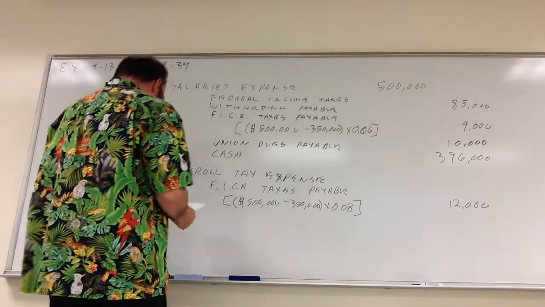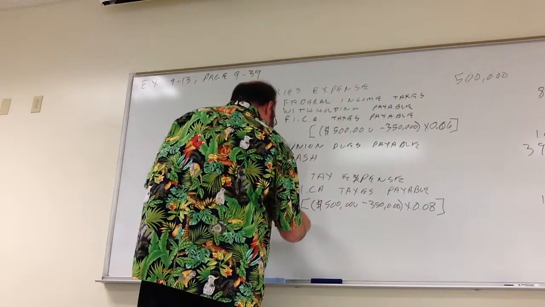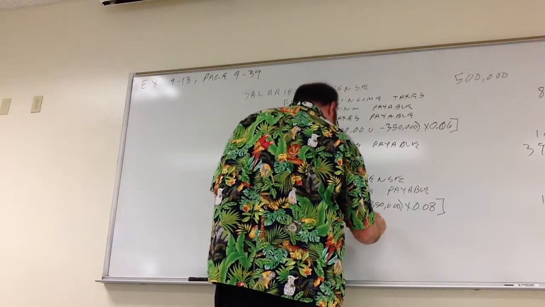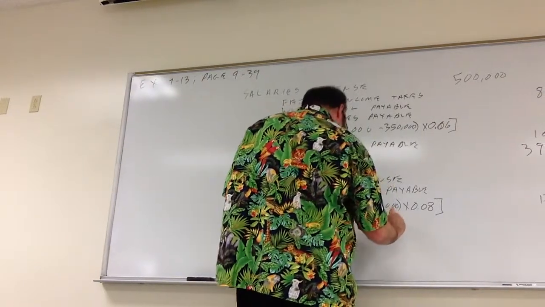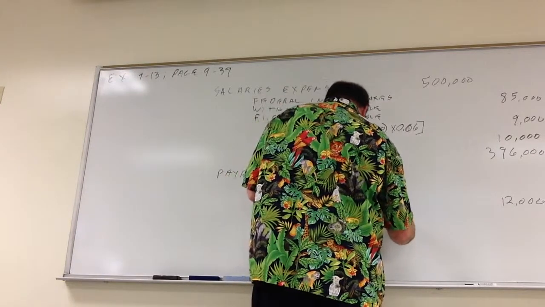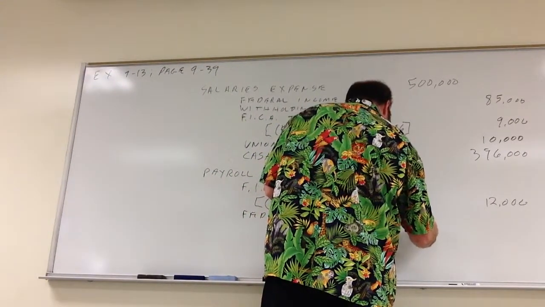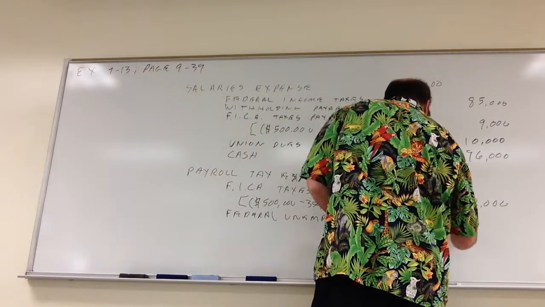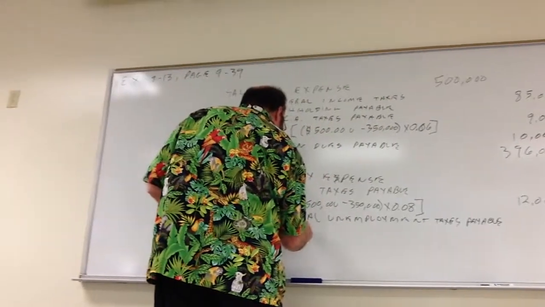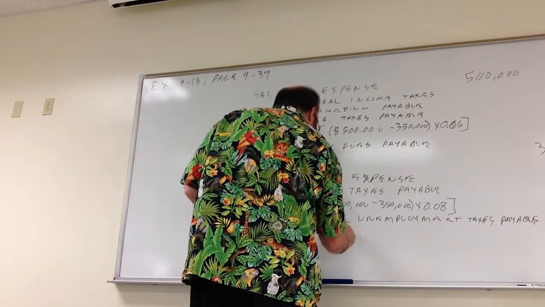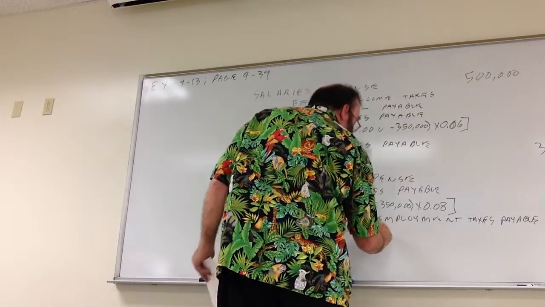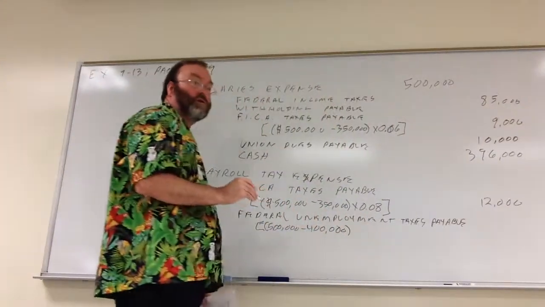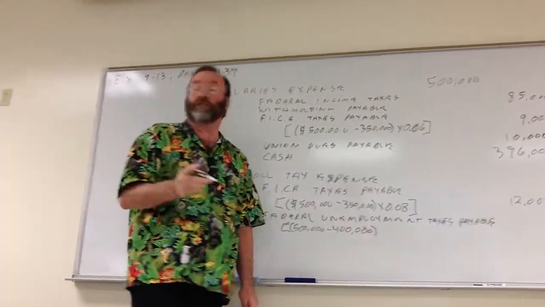All right? And then federal unemployment is the 500,000 minus the 400,000 that have met the $7,000 threshold on an employee's annual wages.